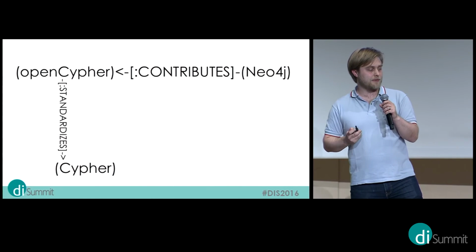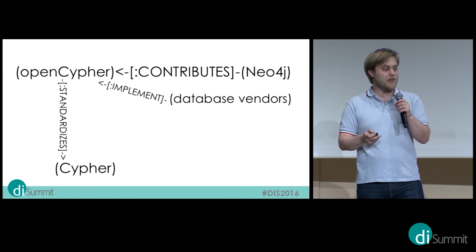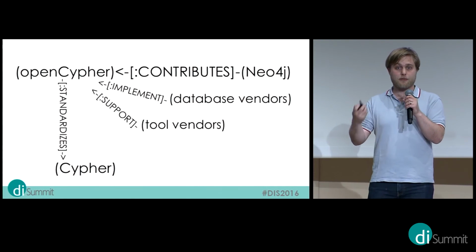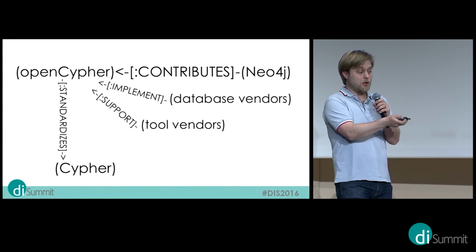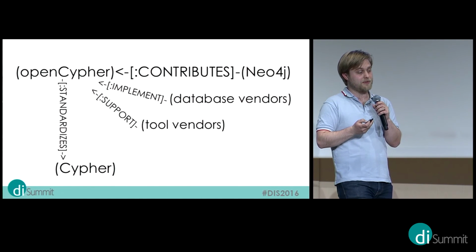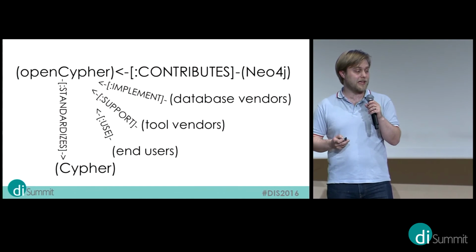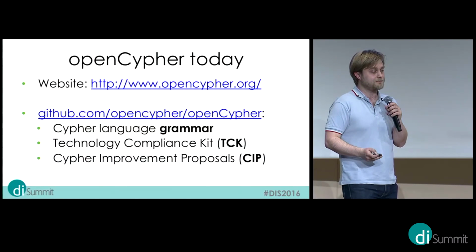It's the standardization of Cypher to be used by database vendors to implement it, tool vendors for supporting Cypher. This is the first thing that we've actually already seen happening. We've published the grammar for Cypher, and we've seen tool vendors pick up and implement that for better supporting Cypher, and also, of course, end users using Cypher.